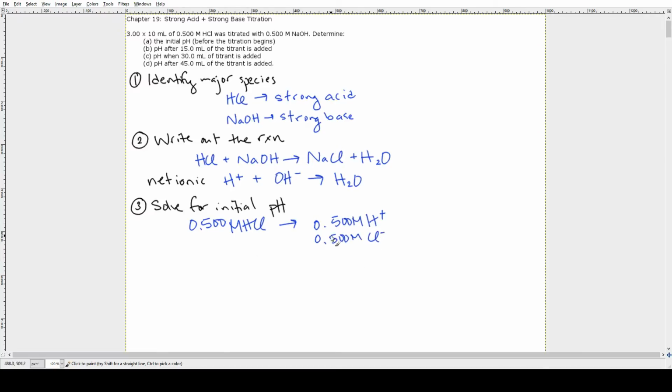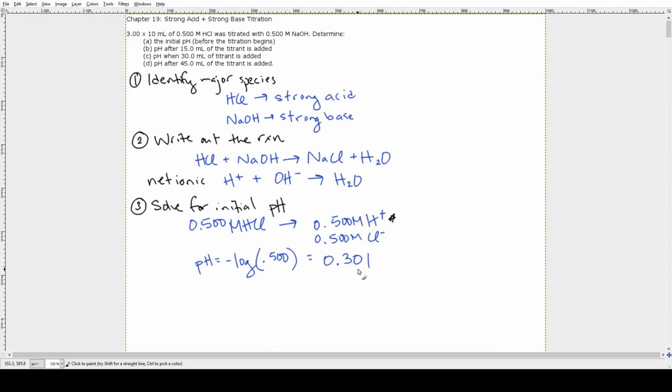It's a 1-to-1 between everything, so it's easy to figure out. Okay, well, I need hydrogen in order to figure out the pH. pH is, what's pH equal to? In this case, we want to use that it's equal to the negative log of the hydrogen ion concentration. So you should end up with a pH equal to 0.301. Remember, when something goes through a log, the sig figs only matter after the decimal.